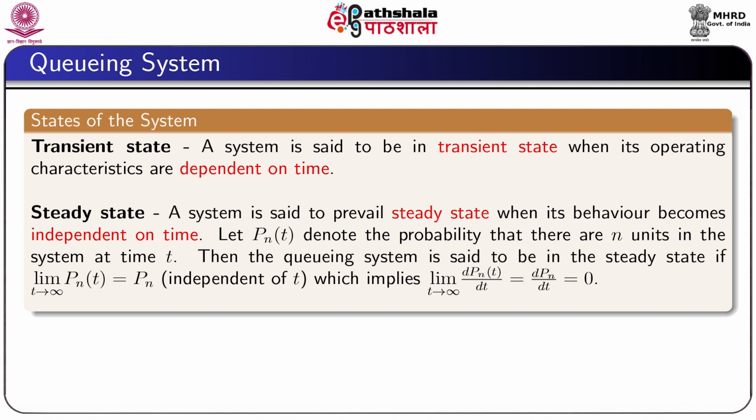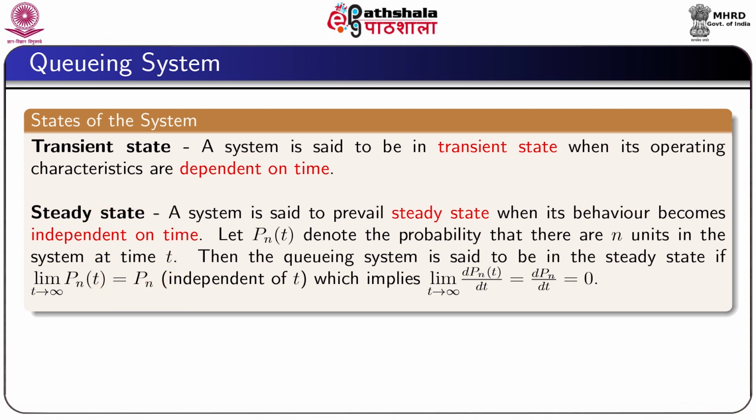Steady state. A system is said to prevail in steady state when its behavior becomes independent of time. Let P_n(t) denote the probability that there are n units in the system at time t.